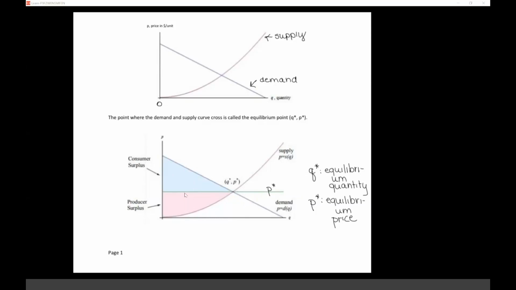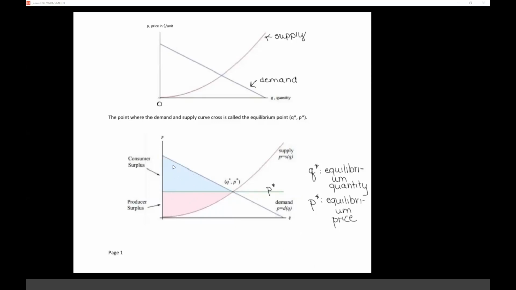To find the pink area, I want to find the area between P star and my supply curve. To find the blue area, I want to find the area between my demand curve and P star. Again, the order that the two curves will be in the integral will be a little bit different. But if you have this picture in mind, you'll be able to do it correctly.